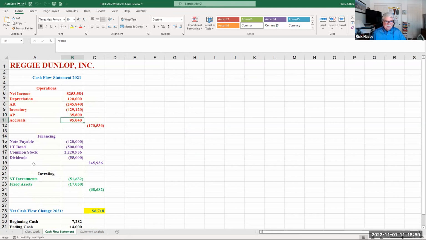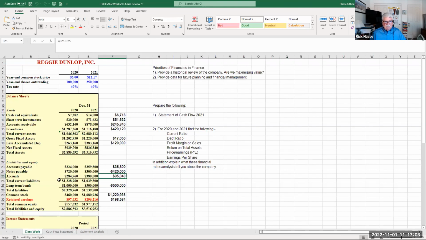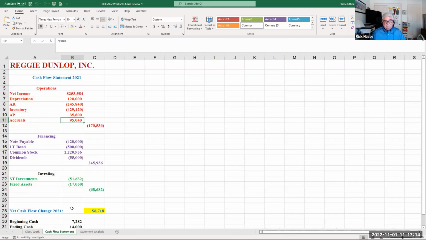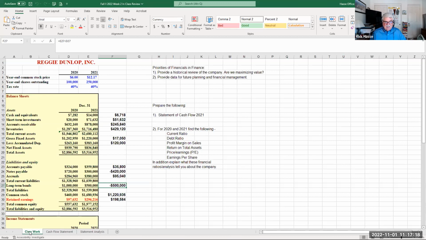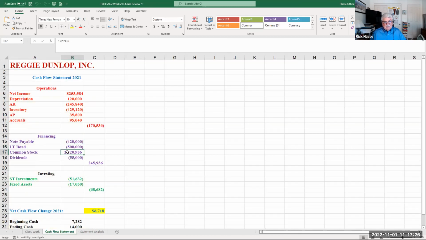In financing, notes payable, bonds. When we borrow money, if our debt position goes down, that means we paid off the debt. Negative cash flow. If our stock position increases, like we just talked about, if we issue more stock and receive the cash, that's cash coming in, positive cash flow.